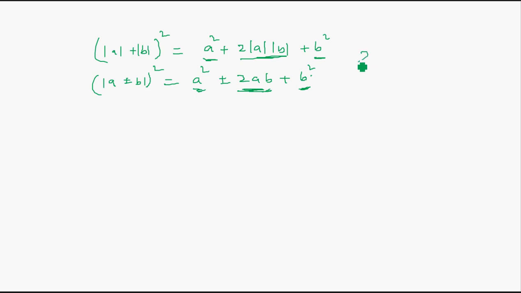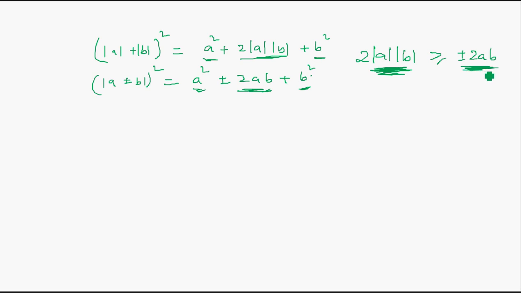And what I'm saying is 2 of mod a mod b will always be greater than or equal to plus or minus 2ab. Why is it? Because this is always a positive number, right? This may be positive or negative.